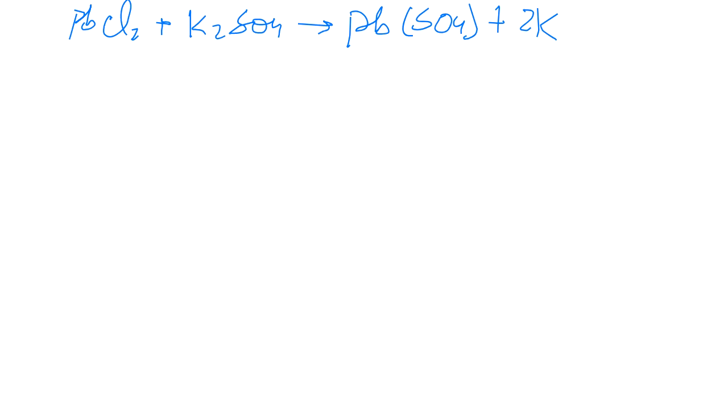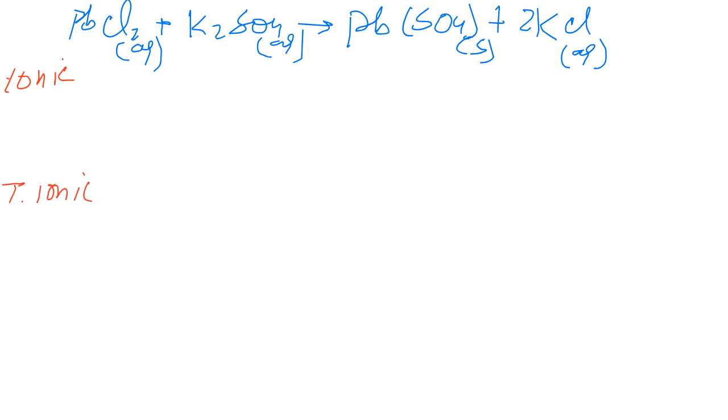Suppose this is the reaction, you have a solid, and this is aqueous, aqueous, aqueous. First of all, you have to write the ionic equation, then the total ionic. In the ionic equation you just change everything into ions. This 2 belongs to this, so you will get 2+ and Cl minus.